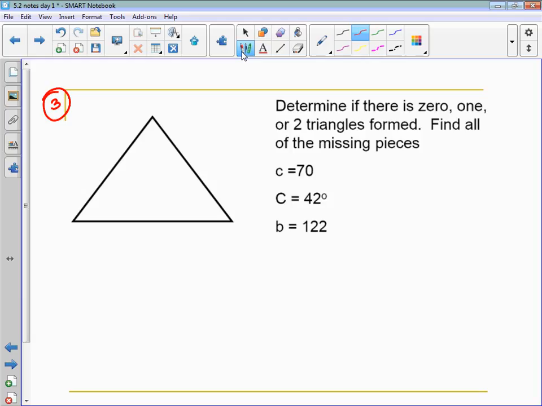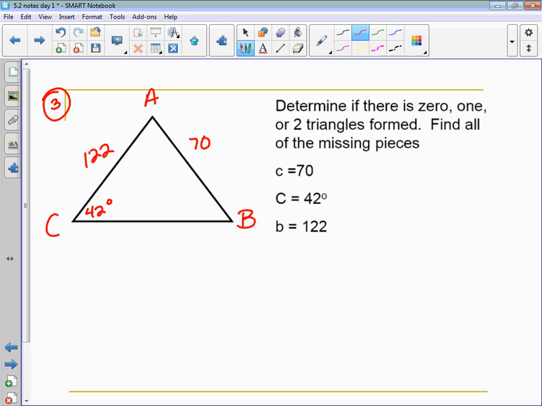All right, guys, so what goes where? What goes in the bottom left? Okay, so C is down there, 42. How long is my tree? 122. And how long is my rope? And so then my other angles, where do the A and the B go? A goes up top. Good. B is down here.